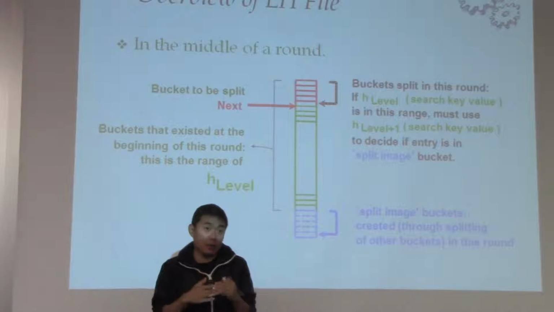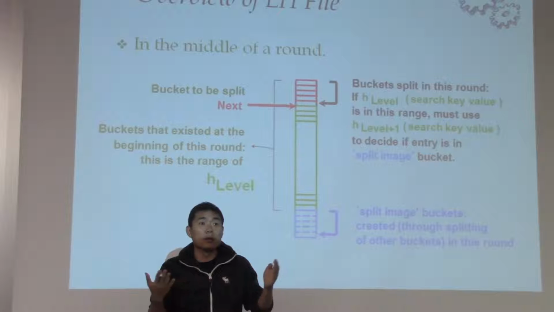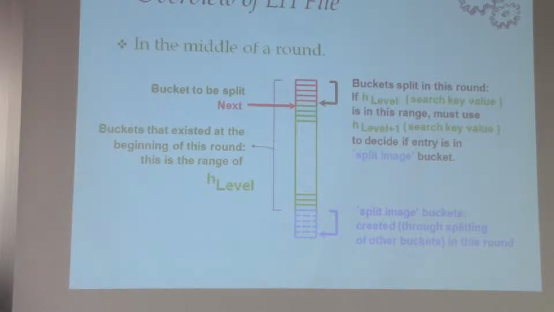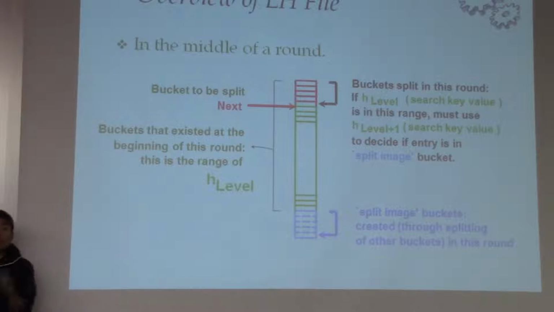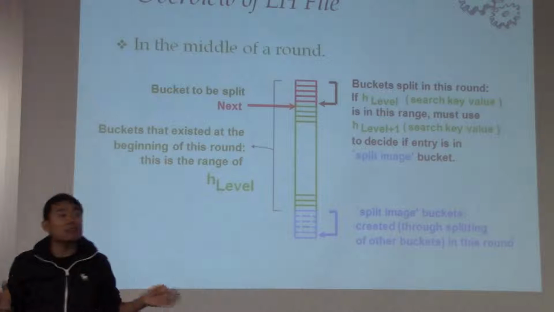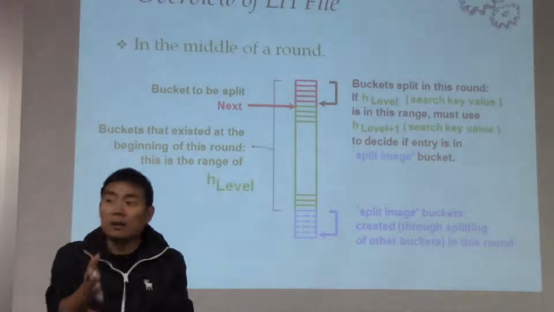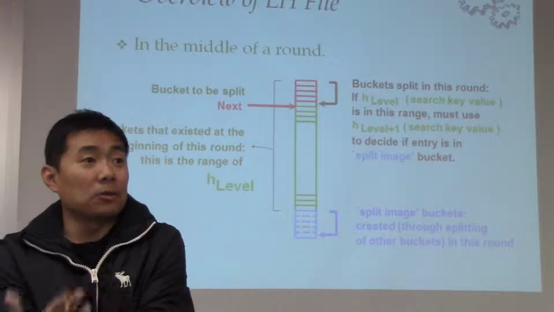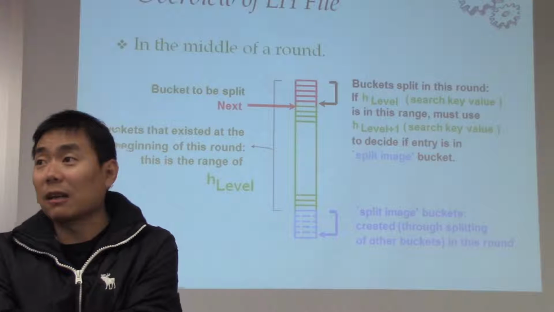By the end of the day, when you have split all the green buckets, you have an equal number of red and blue buckets. If you do a simple calculation, this gives you this many buckets. That's precisely the number of buckets corresponding to the hash function from the next level.